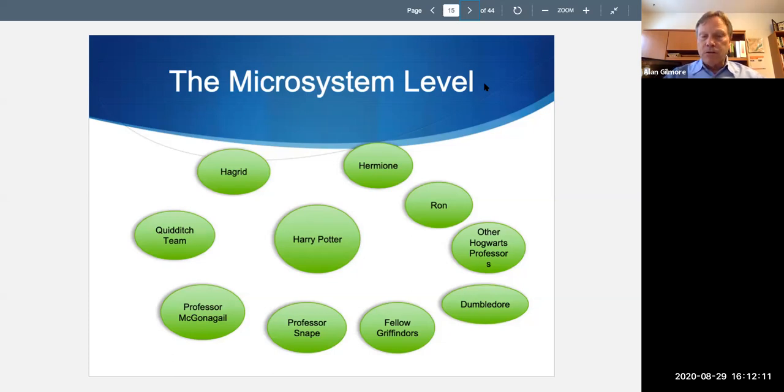One of his professors, Professor Snape, the Quidditch team, which is the sports team that he's a part of, and then Hagrid, who again is an adult who is a friend and supporter of Harry. So this is Harry's microsystem in terms of the people that he sees every single day, that he interacts with every single day.